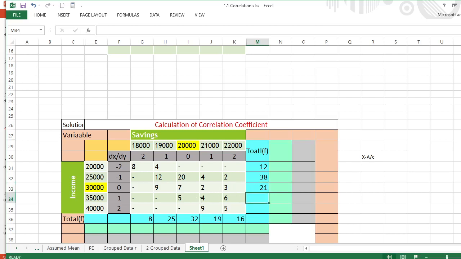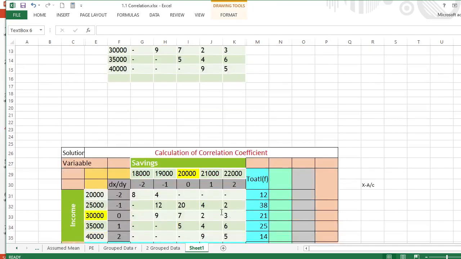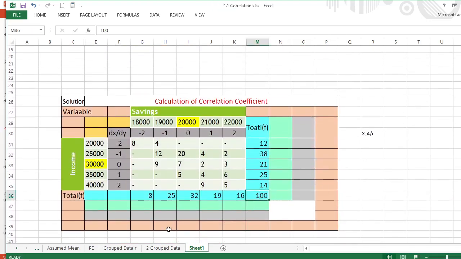And here 5 plus 4, 9 plus 6, 25. And here 9 plus 5, it should be 14. And the total should be 100, because they have specified in the problem a total of 100 teachers' observations, so it should be equal to 100.